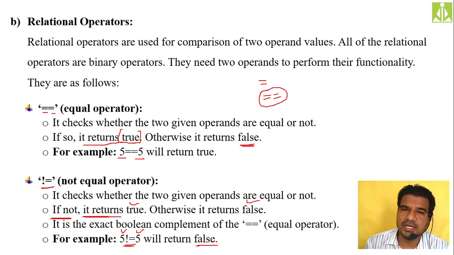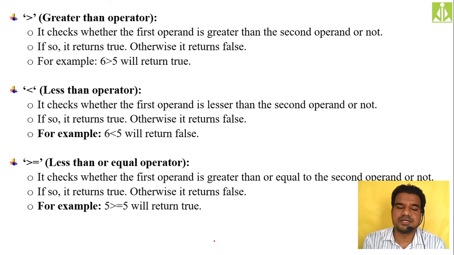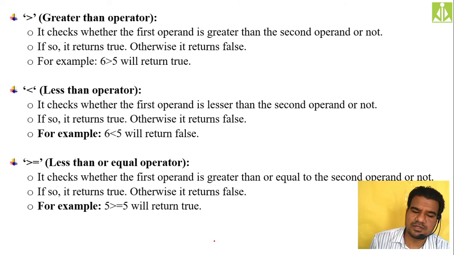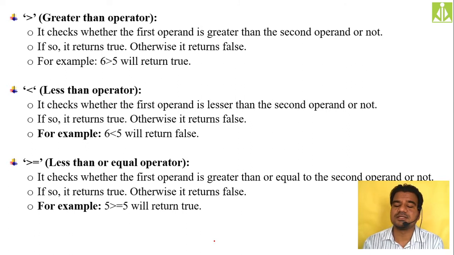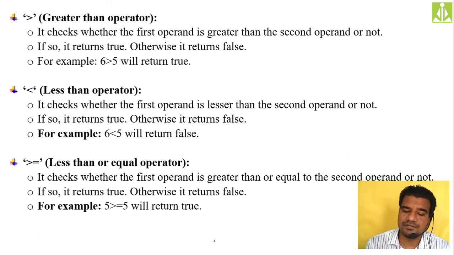So not only equal to and not equal to, we also have the greater than symbol. Okay, greater than operator. What it will do, it will check whether the first operand is greater than the second one or not. If the first operand is greater than the second one, it will return true.